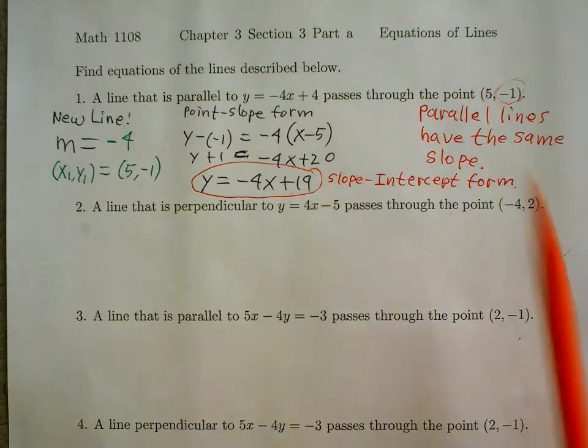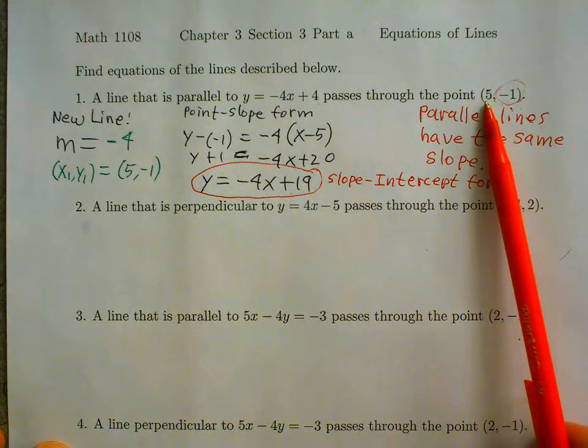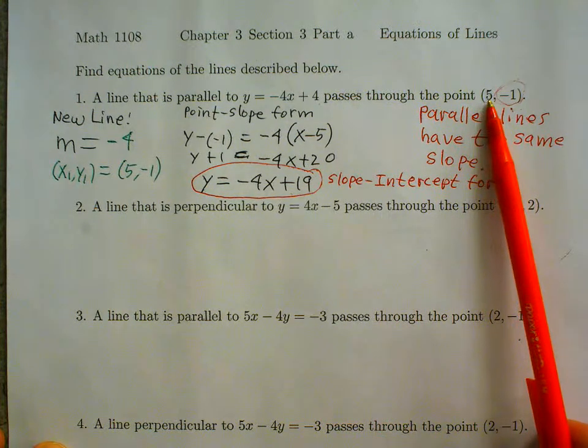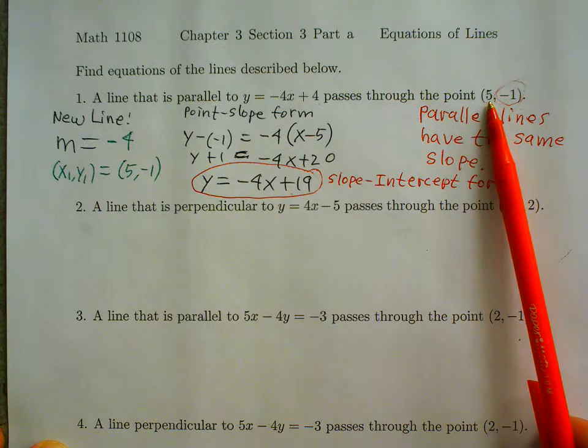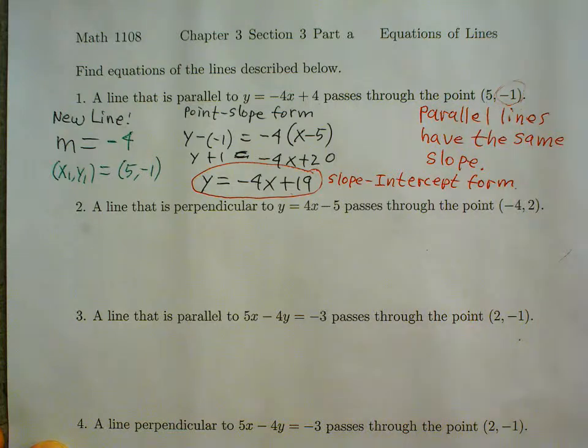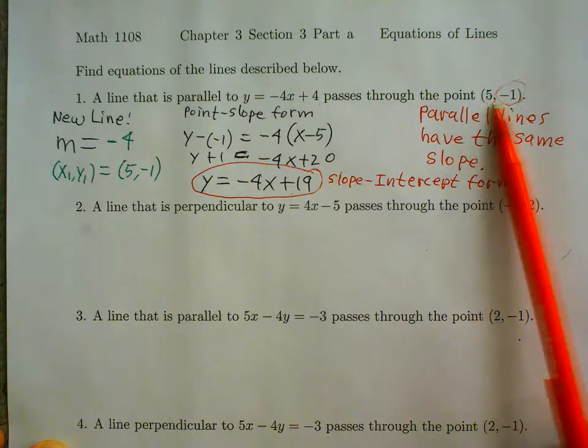Okay, so this ordered pair represents one point in the xy plane. X is 5 and y is -1. So the line passes through that point.